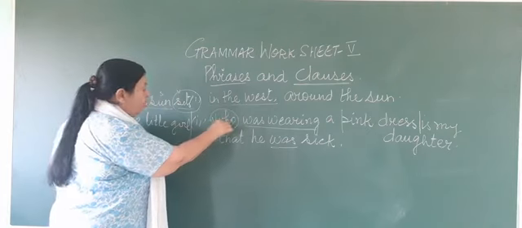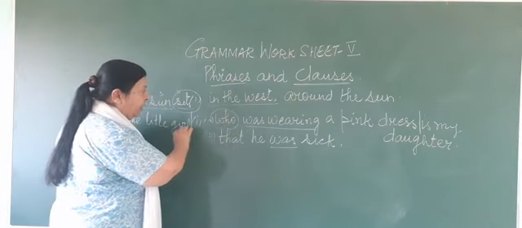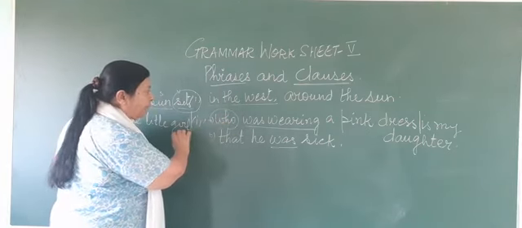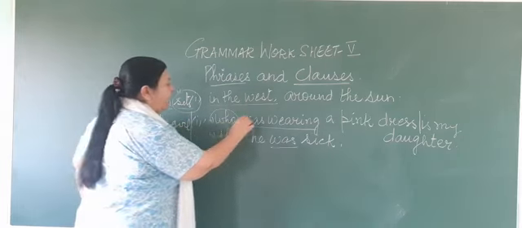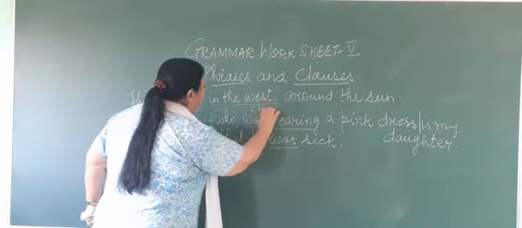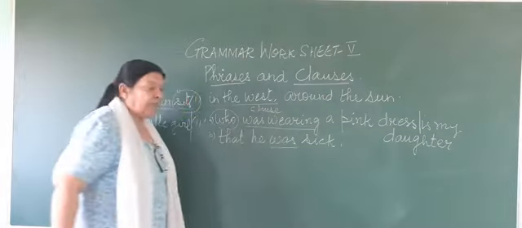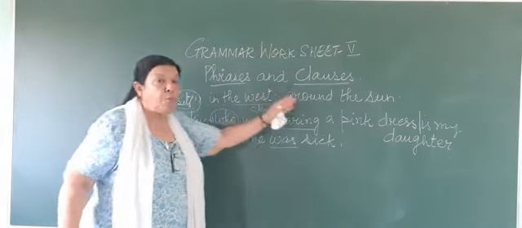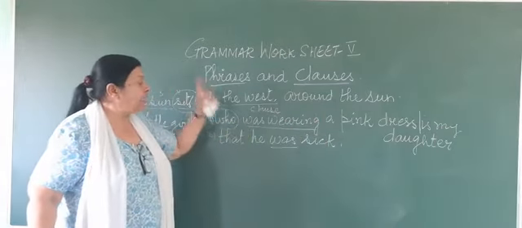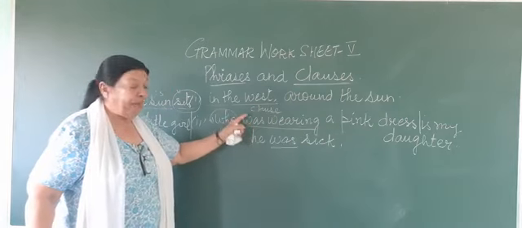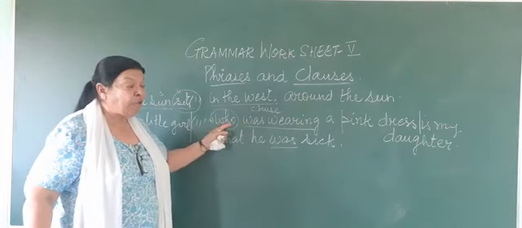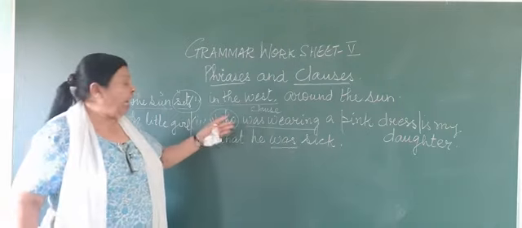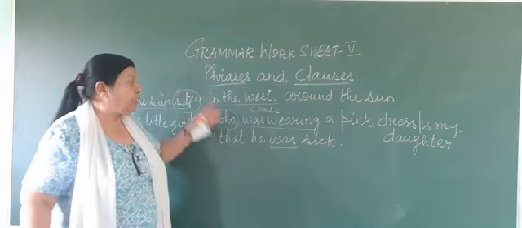So, since who stands for the girl, but the girl is in the main part of the sentence, this group of words I call a clause. Therefore, a clause is a group of words. It has a subject, but the subject is the relative pronoun. And we know a pronoun stands for a person or a thing.